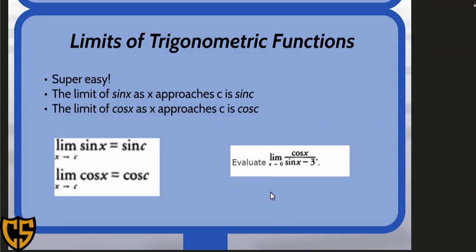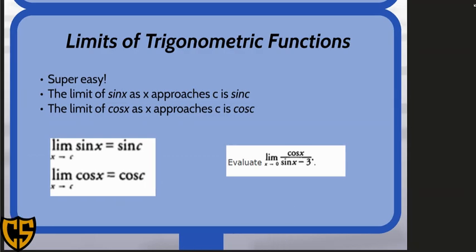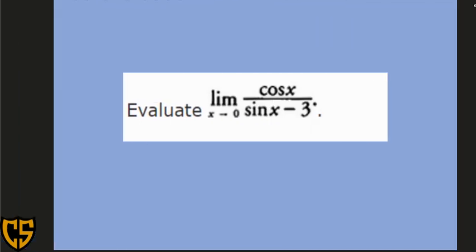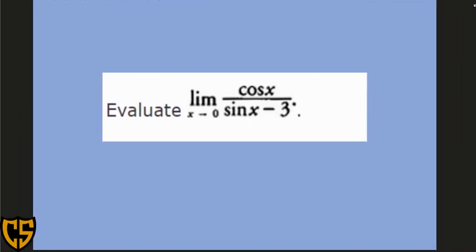So take note, evaluate the limit of cosine of x over sine x minus 3. So we are going to solve this one. So let's try kung ari diri. Okay, so kung ano ni ang value sang ari nga equation. So take note or check tabi kung na-solve na diri sa dalam.